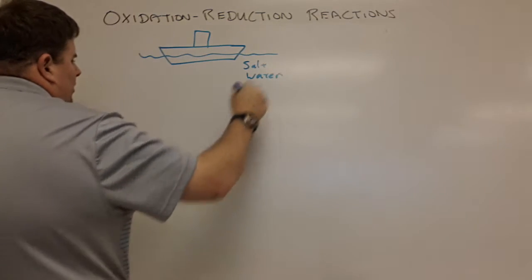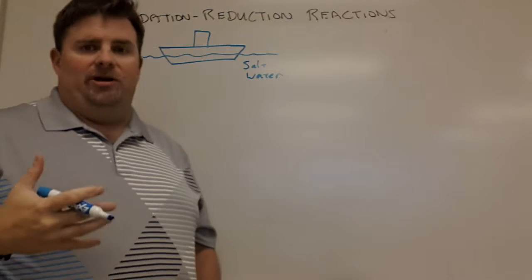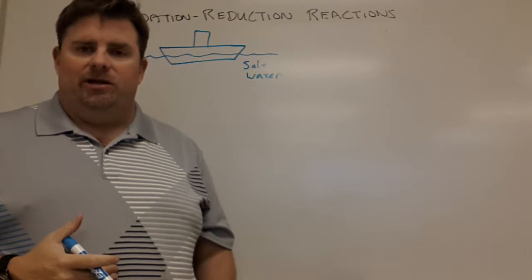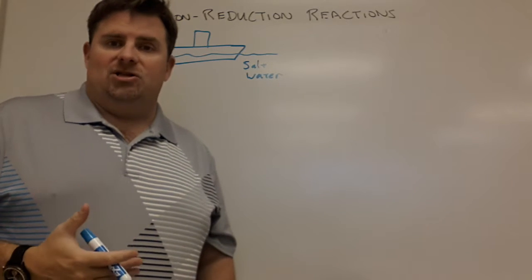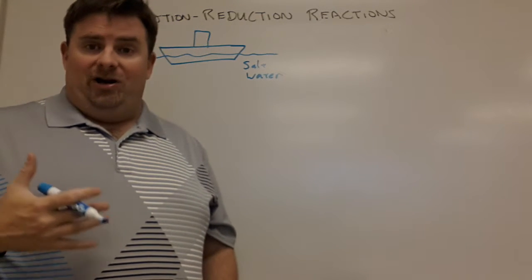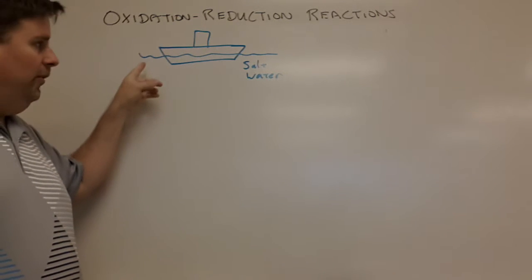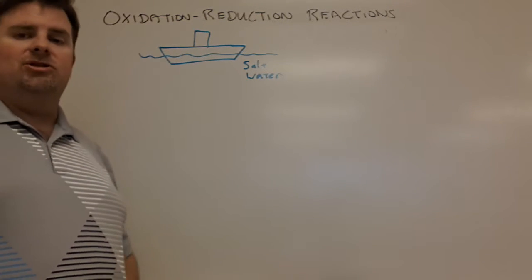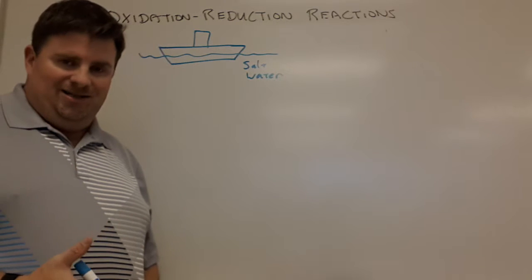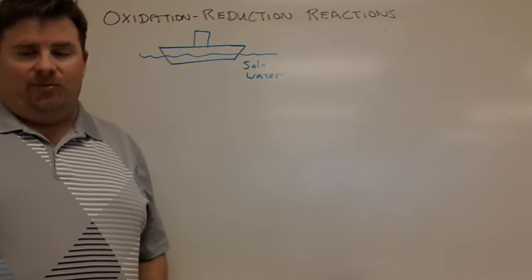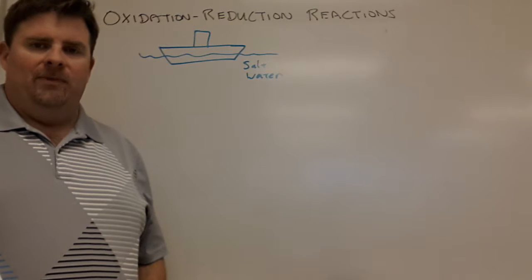And that salt water, as we see, increases the electrolyte ability inside the water, the ability for the water to conduct electricity. So because of that salt, the iron itself is going to oxidize very easily at this little threshold, where water hits it and it's reacting with oxygen that's in the atmosphere. You're going to oxidize the iron, and your boat's going to rust. Once the boat rusts, the hull becomes compromised.